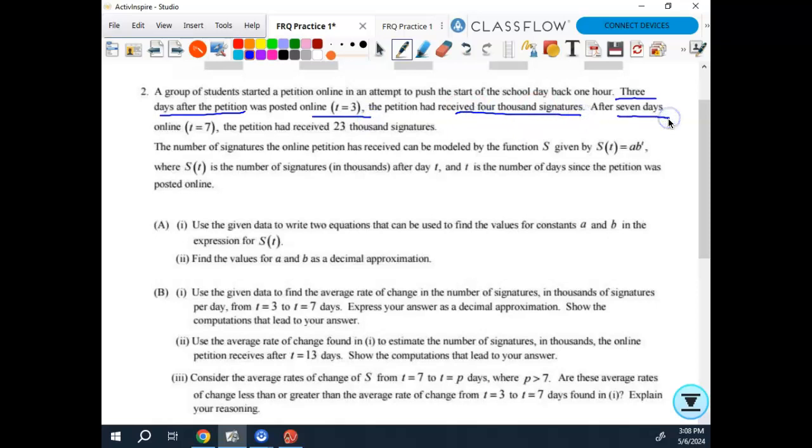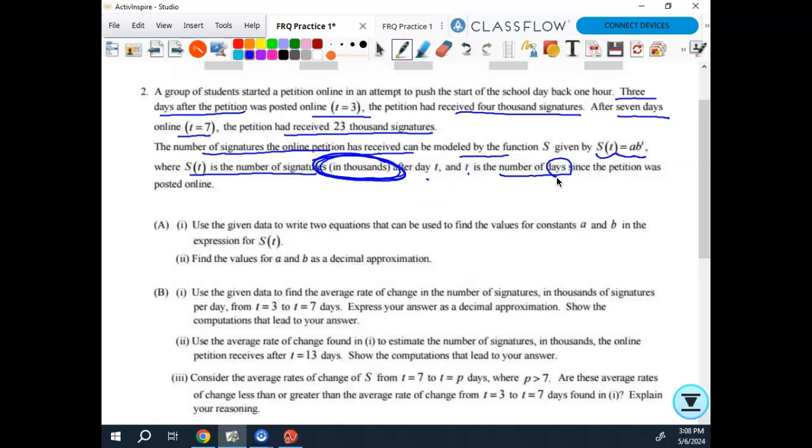After 7 days online, t equals 7, the petition had received 23,000 signatures. The number of signatures the online petition has received can be modeled by this function, where S of t is the number of signatures in thousands. You have to pay attention to that. After day t, t is the number of days since the petition was posted online.